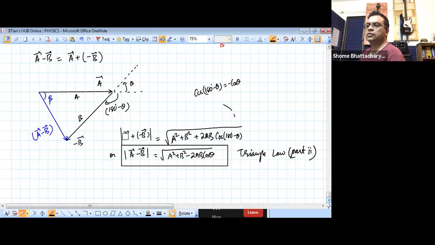I'm rebooting it and sharing it again. Okay. So just make a note of this. This is the second part of the triangle law, which gives us the difference of two vectors.